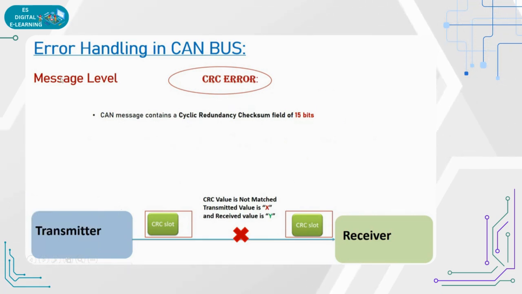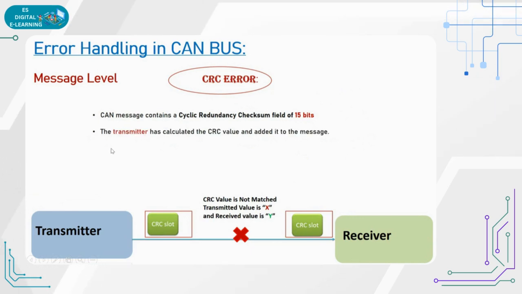This is on the message level only. So on message level, you can write it down. The transmitter has calculated the CRC value and added it to the message, and every receiving node should also calculate the CRC.